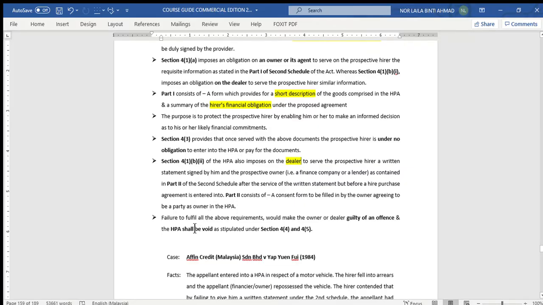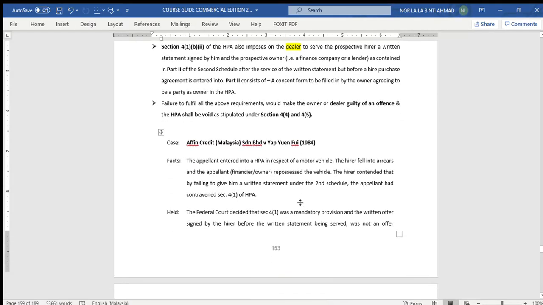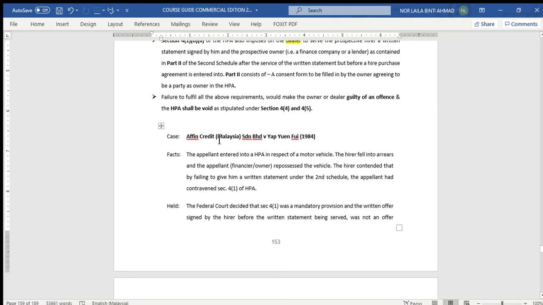What is the effect if the parties fail to fulfill the above requirements? It will make the owner or dealer guilty of an offence, and the hire purchase agreement shall be void as stipulated under Section 4, Subsection 4 and Subsection 5. An example of a case is Afin Credit Malaysia Sdn Bhd against Yap Yuen Fui.